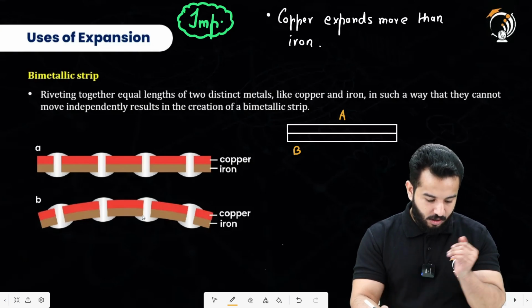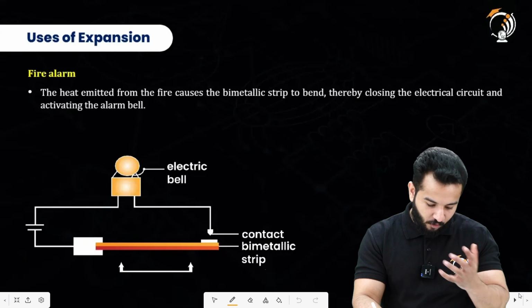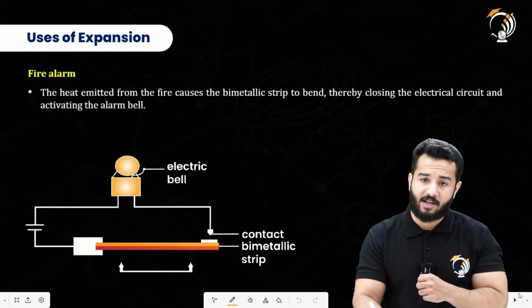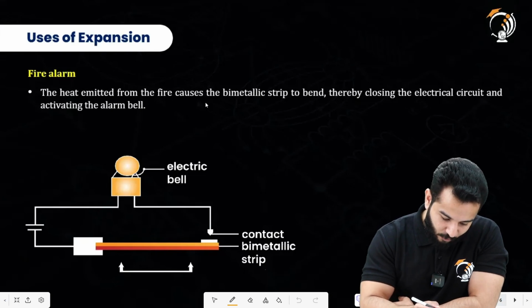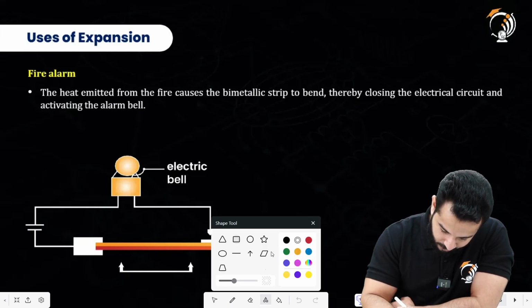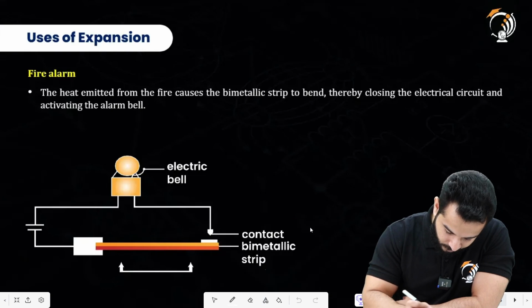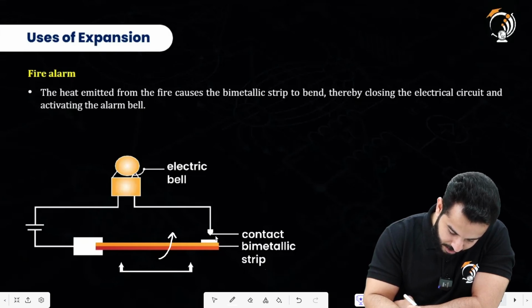We are going to use the bimetallic strip in many cases, right? And one of the first cases is a fire alarm. So how does a fire alarm work? The heat emitted from the fire causes the metallic strip to bend. So this will bend somewhat in this direction. You know that below we have got copper, so it will bend in this direction.